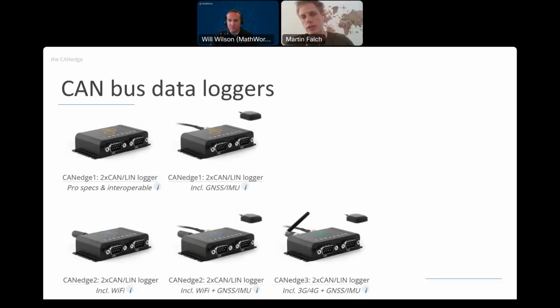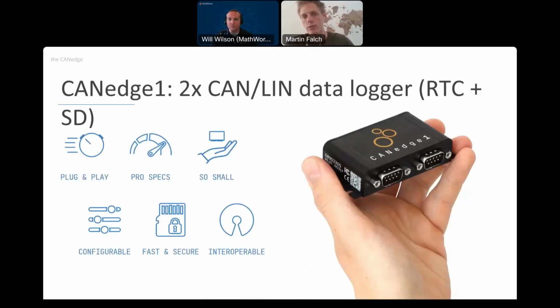If we jump into the CANedge1 to start with, there are a number of features for this device that we focus on. We try to make it very plug and play. For example, if you install it in a CAN bus application, it will automatically detect the bit rate and start recording the data onto the SD card. So it's quite quick and easy to install across different applications.